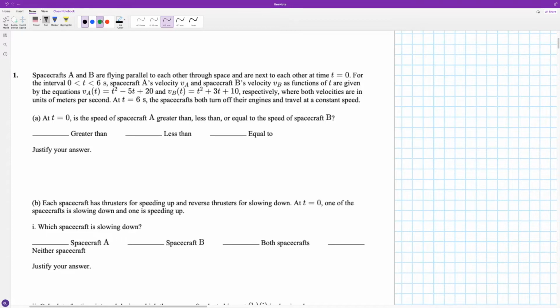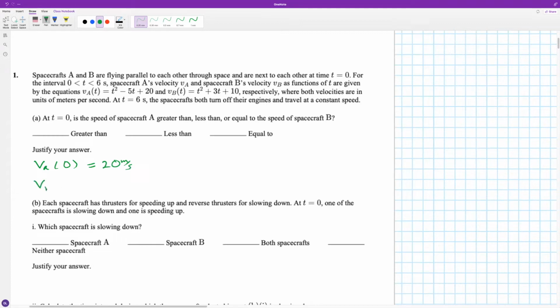So let's go ahead and see here. At t equals 0, we just need to evaluate both these functions at 0. So the velocity of A at 0 seconds is going to be, well, t squared is 0, 5t is 0, so that's just 20 meters per second.